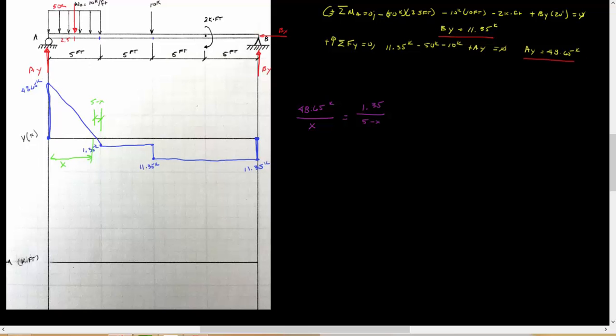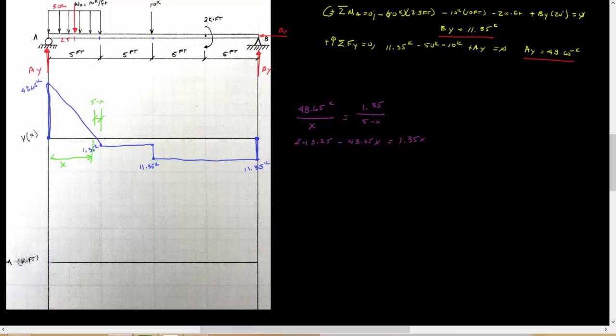So I do my cross multiplication, and I come up with 243.25 minus 48.65x, that's just 5 times 48.65, and then x times 48.65 is equal to x times 1.35.